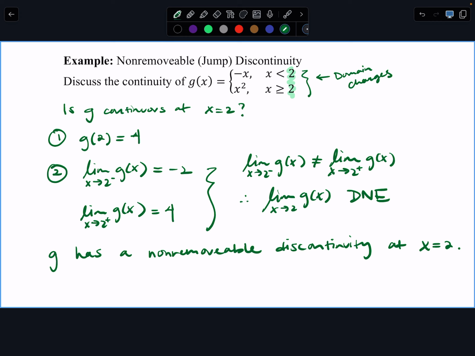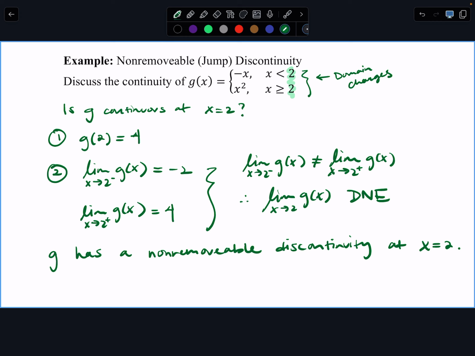If necessary, we could figure out what graphical manifestation occurs at 2 based on how that limit failed to exist. Right? Like you guys could tell me what occurs at 2 on this graph. A jump. Okay?